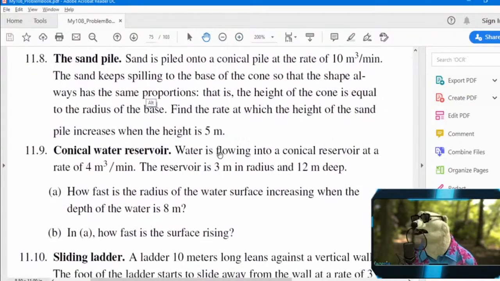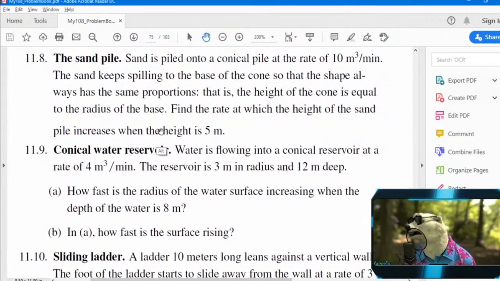I want to look at number 8. It's a typical one. Sand is piled onto a conical pile at the rate of 10 cubic meters per minute.